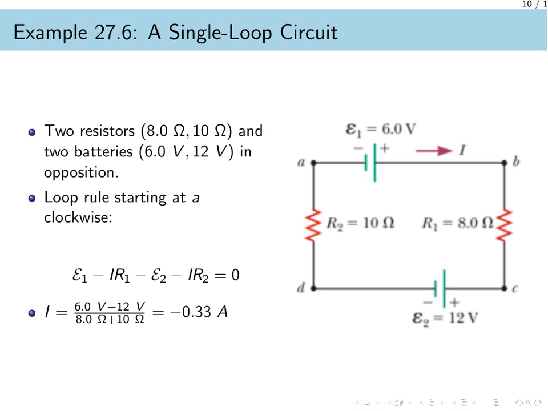Crossing the second battery from positive to negative gives minus epsilon 2, and the final resistor gives minus I times R2. Setting the sum to 0 and plugging in the values of 6 volts, 12 volts, 8 ohms and 10 ohms, we find a current of negative 0.33 amperes, meaning the current actually flows counterclockwise.